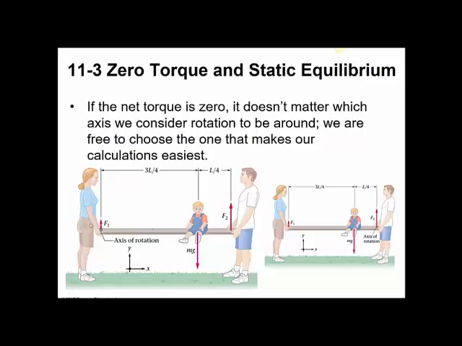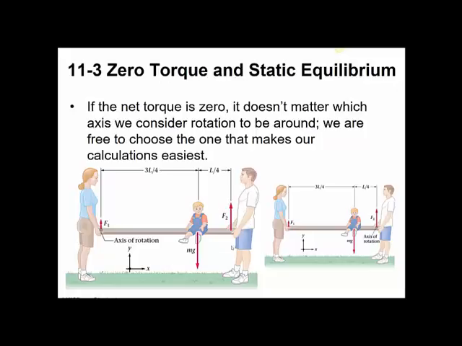And remember that if something rotates around clockwise, like this little kid is going to tend to make the board rotate down, that has a negative torque. The torque would just be equal to his weight times the distance to him, and it would be a negative number. And in order for the father to counteract that, he's going to apply a torque upward.